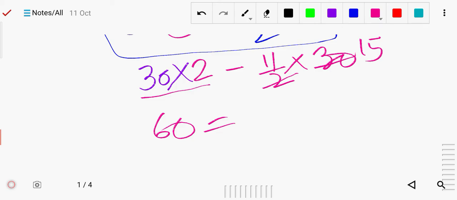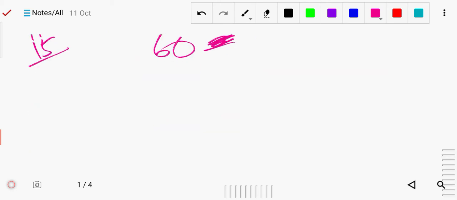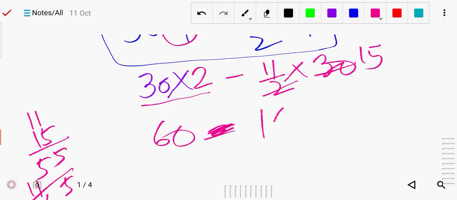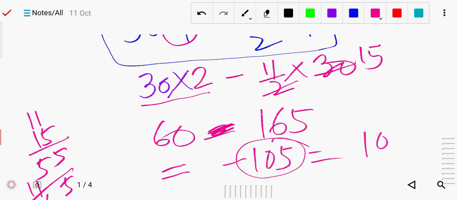So 60 minus 11 into 15. 11 into 15 is 165. Now subtract: 60 minus 165 is minus 105, so it is nothing but 105.